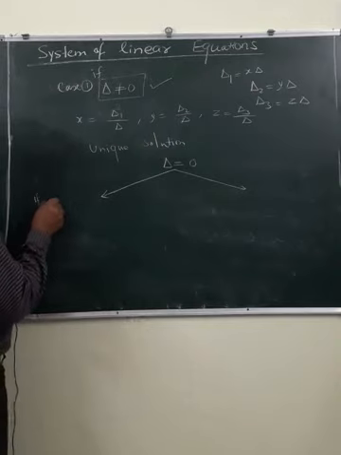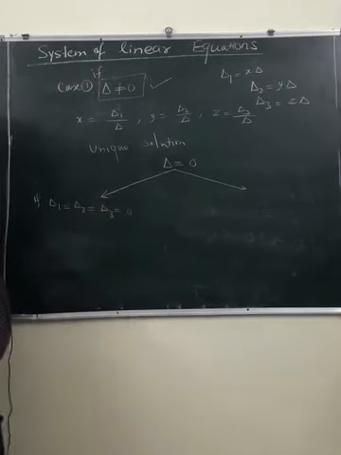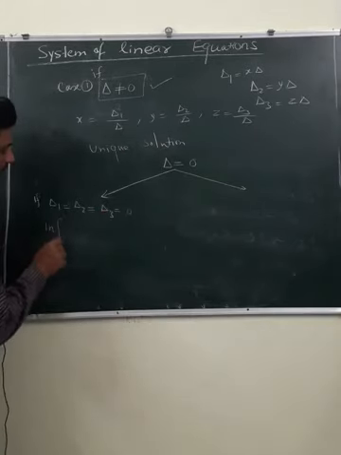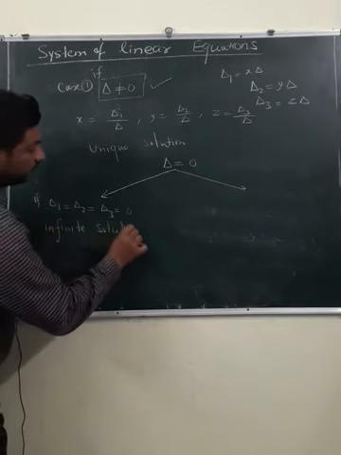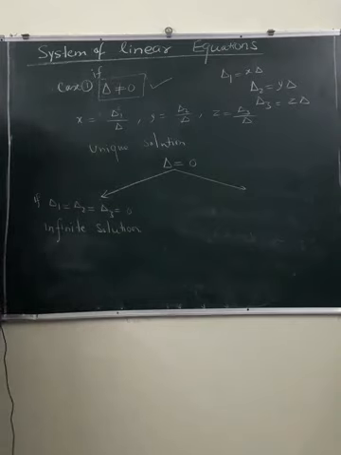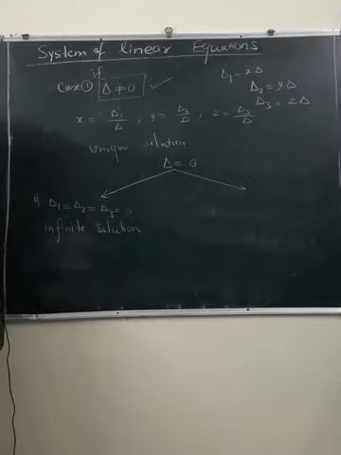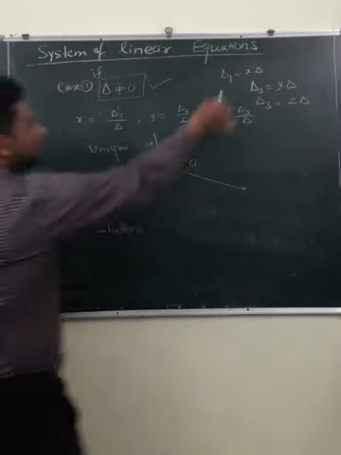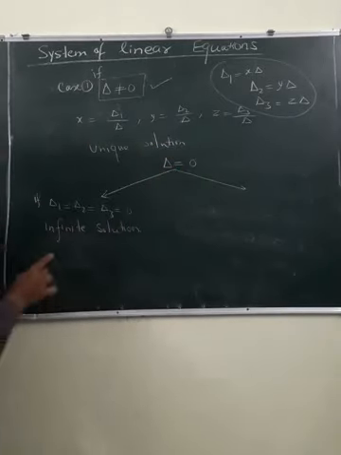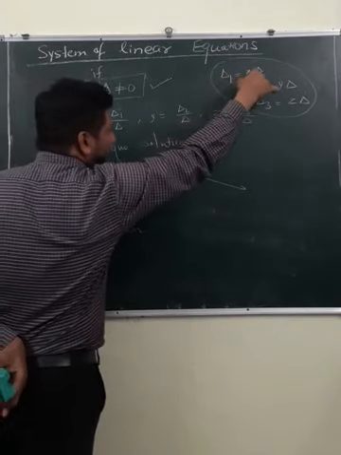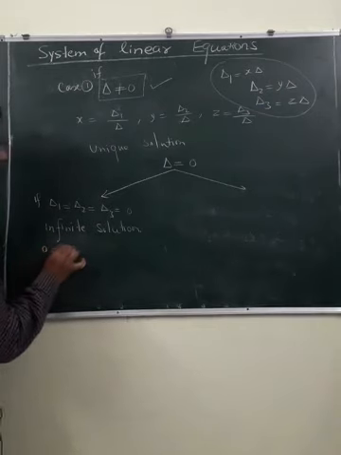If all determinants delta 1, delta 2, delta 3 are 0, that means infinite solution. But just for understanding, it is not true 100%. See here, delta is 0, and we write 0 is equal to x into 0.